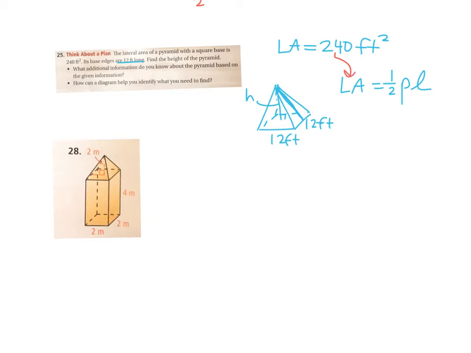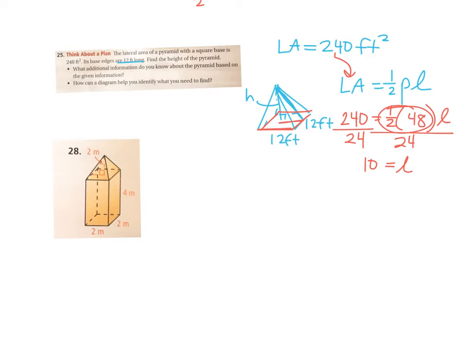So we're going to put this here, 240 equals 1/2. And then what would P be? P is the perimeter of your base. So 12 times 4, that would be the perimeter. So 48 times L, which is our slant height. So this is 24. So if I divide by 24, I get a slant height of 10.